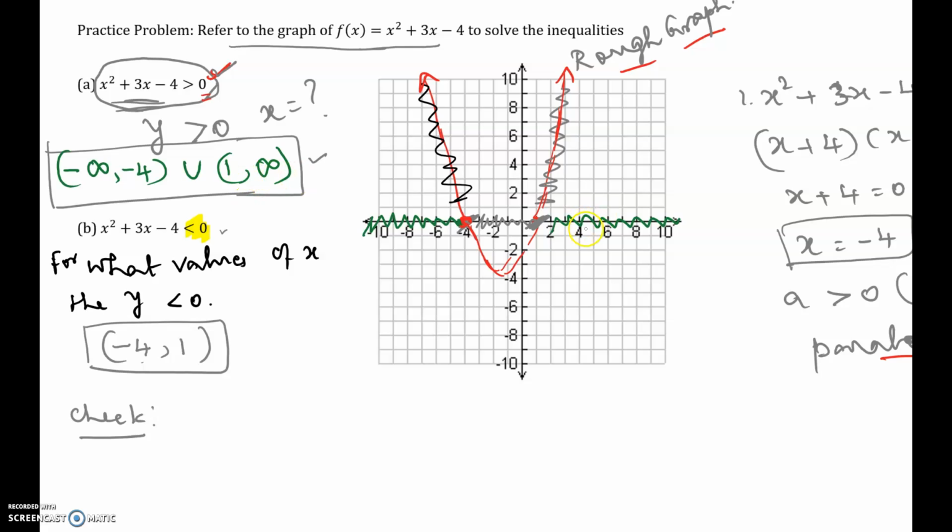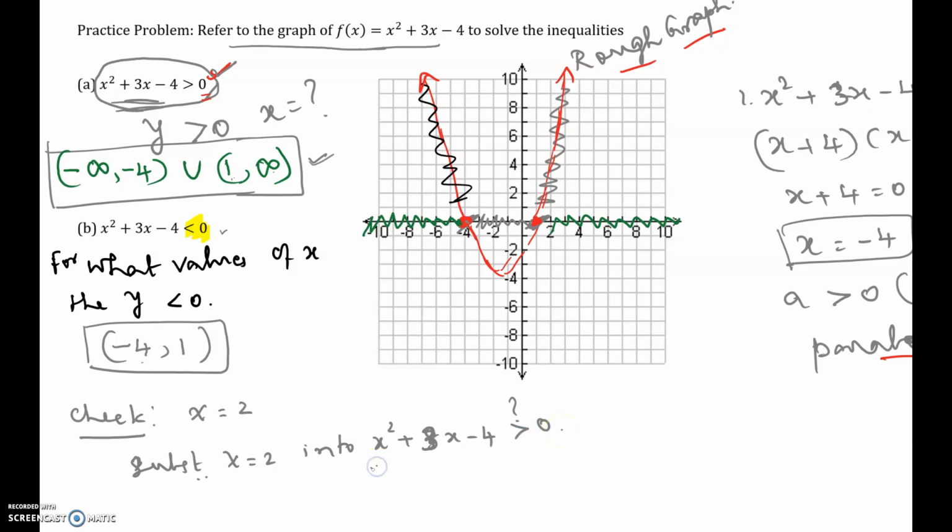I'm going to pick a number, say 2, in the first interval, and substitute x equal to 2 into x squared plus 3x minus 4 and see whether it is more than 0.